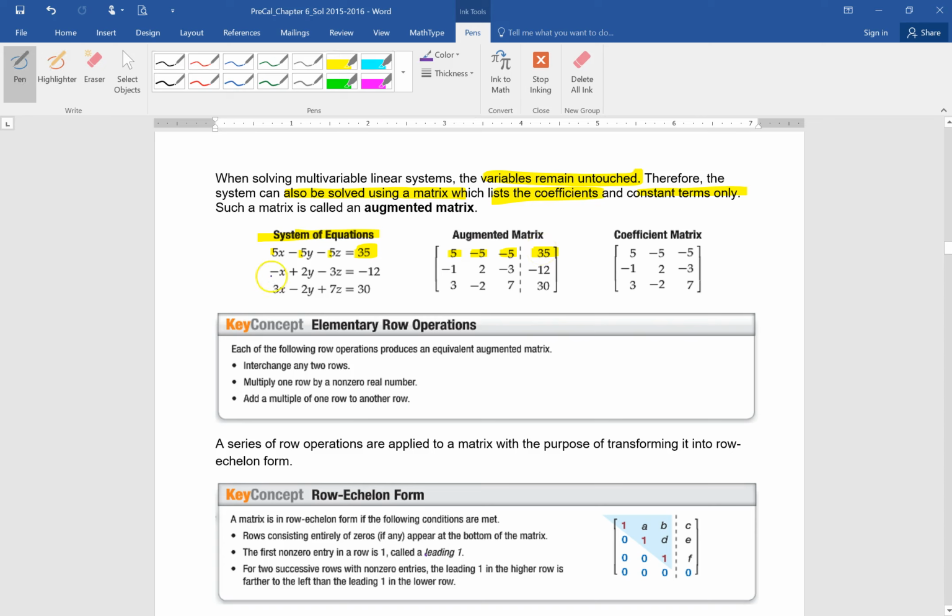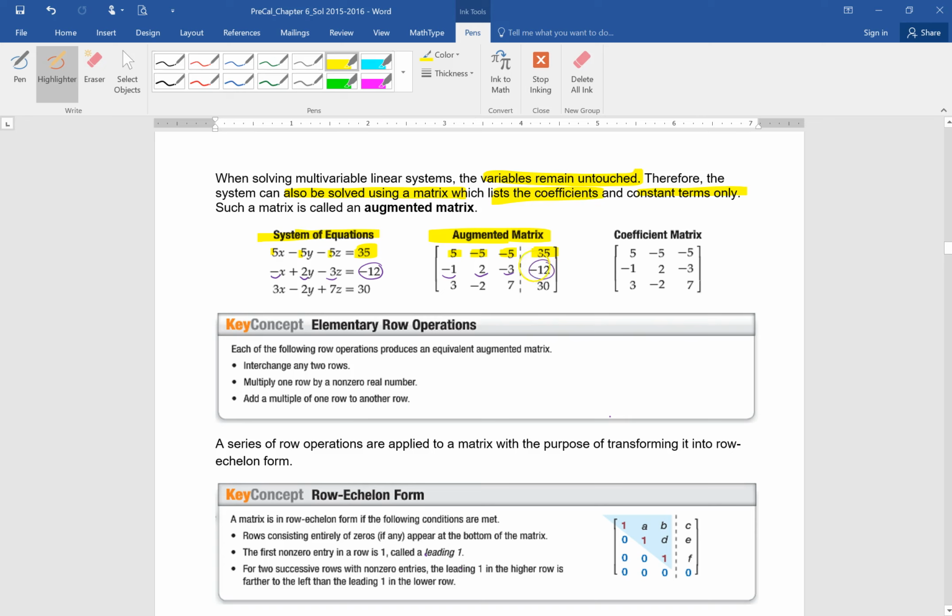The next row is negative 1, 2, negative 3, and the constant is negative 12. Do you see how I did that? I just copied over the coefficients into a matrix. This is called the augmented matrix. It also has your constants, right? These are the constants.